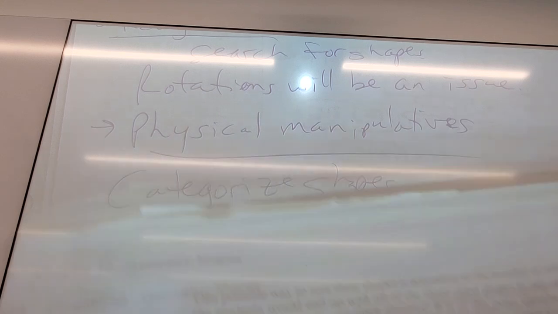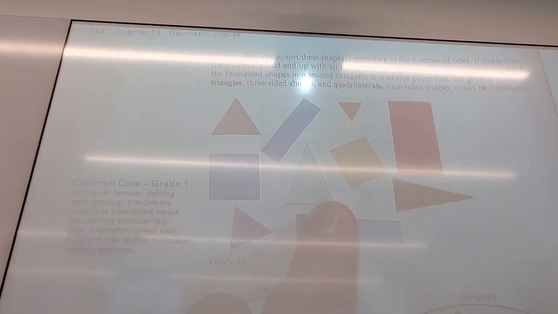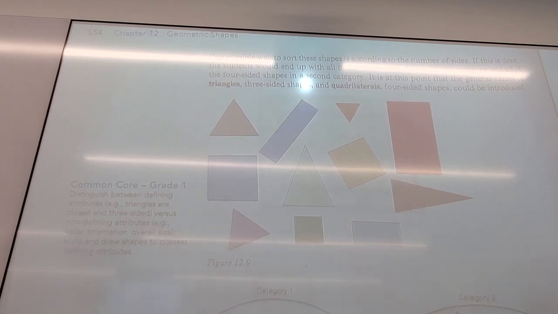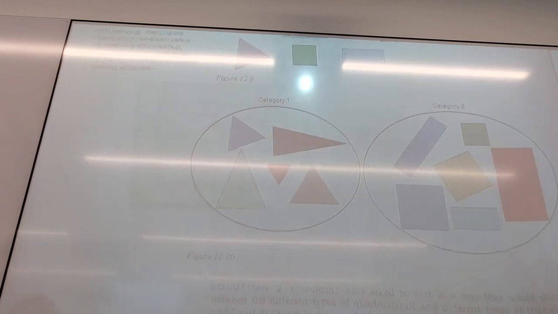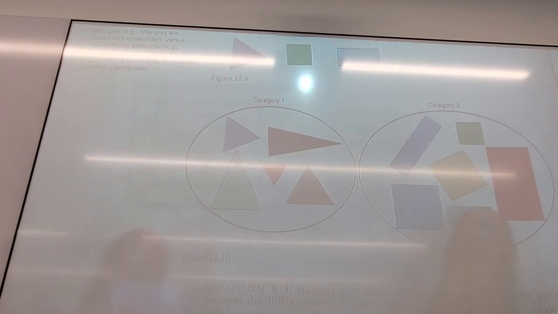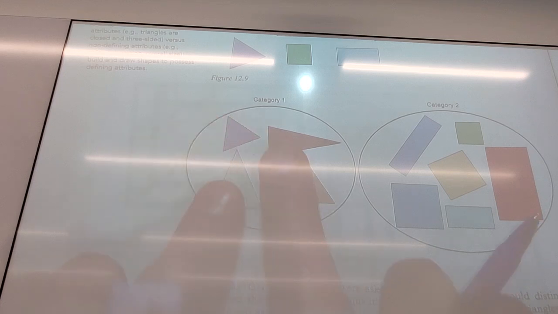But for example, here, real quick, here's a collection of 4 and 3-sided shapes. The very first basic level would be circle everything that's got 3 sides, circle everything that's got 4 sides, right? Then within these groups, triangles, there's equilateral, isosceles, and so on.